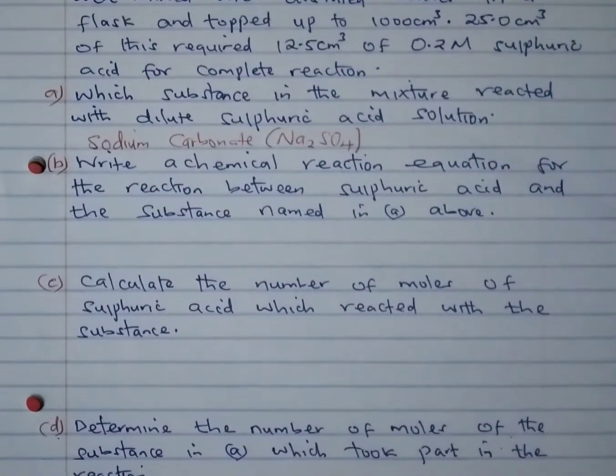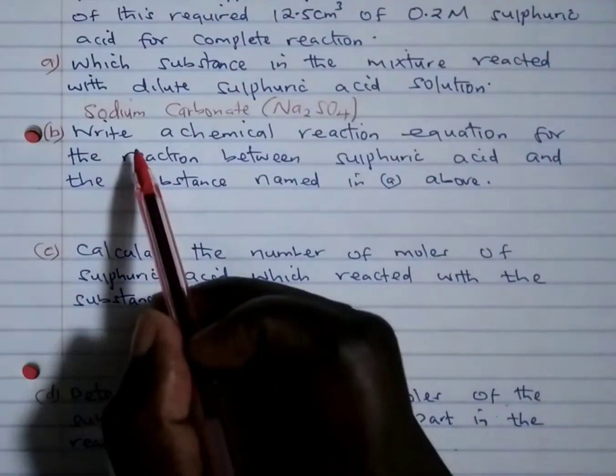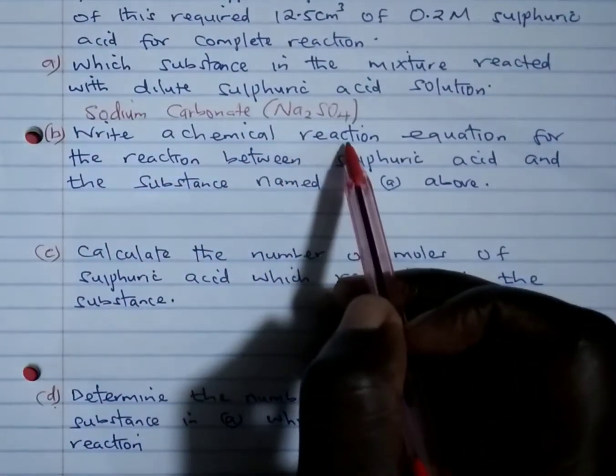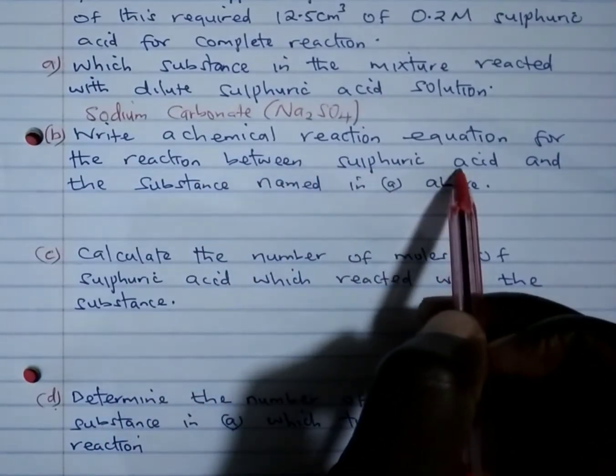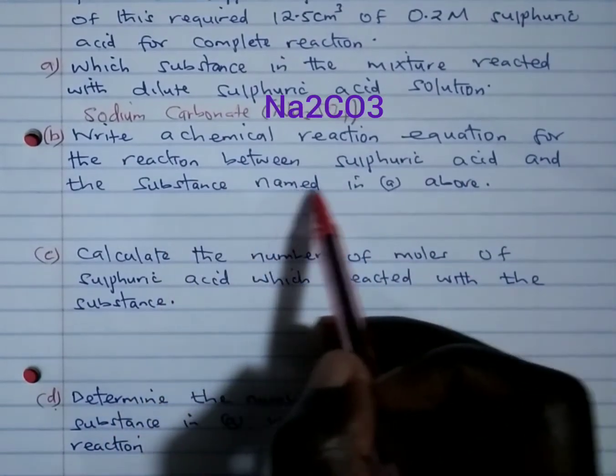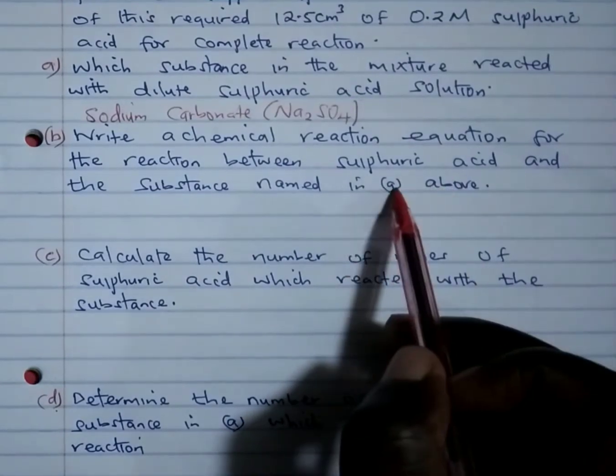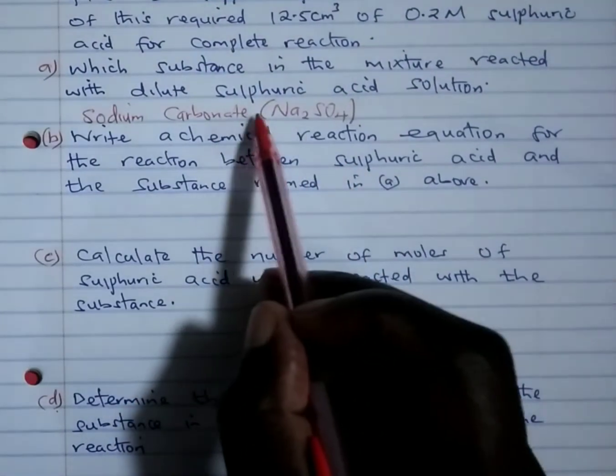We go to part B. Write a chemical reaction equation for the reaction between sulfuric acid and the substance named in A above. The substance named in A above is sodium carbonate.